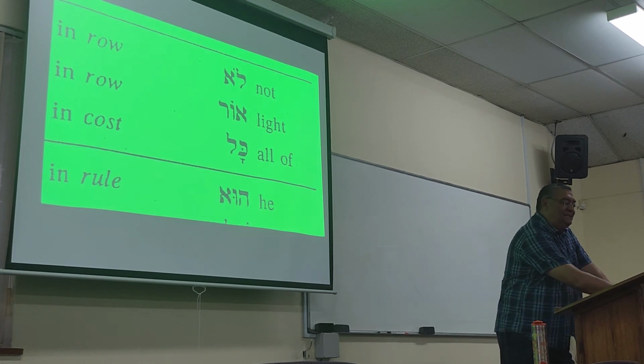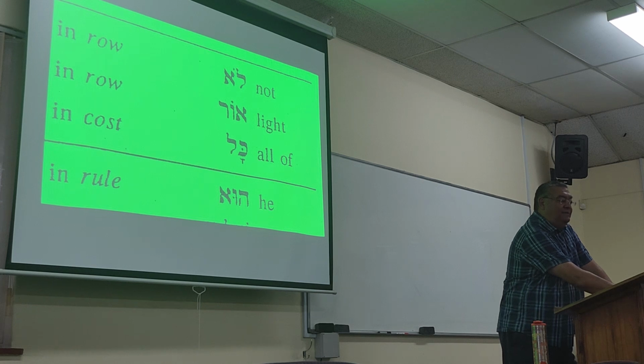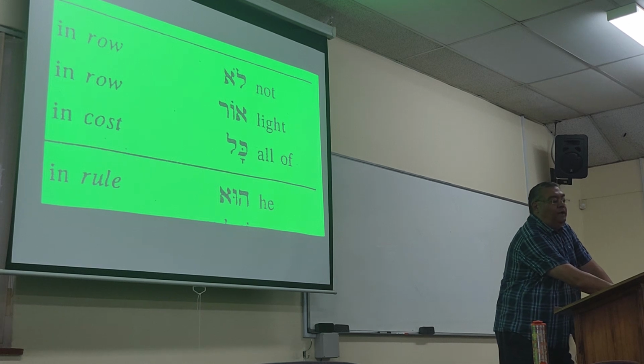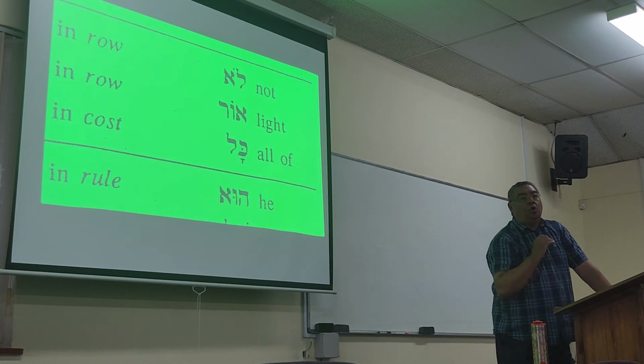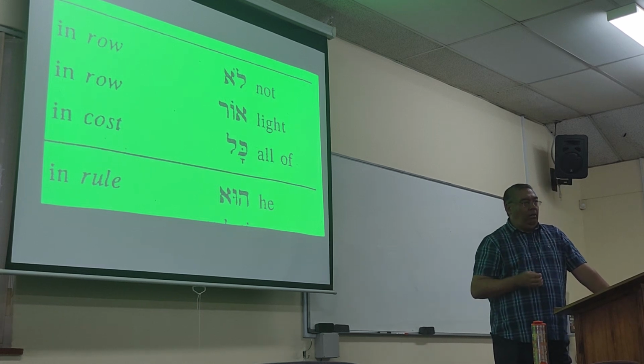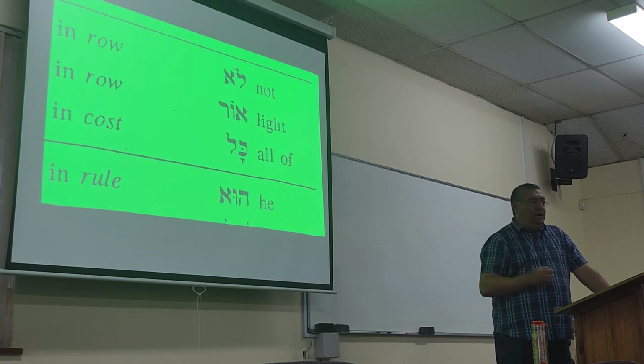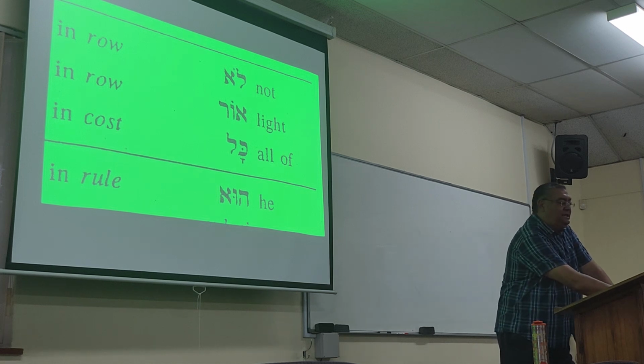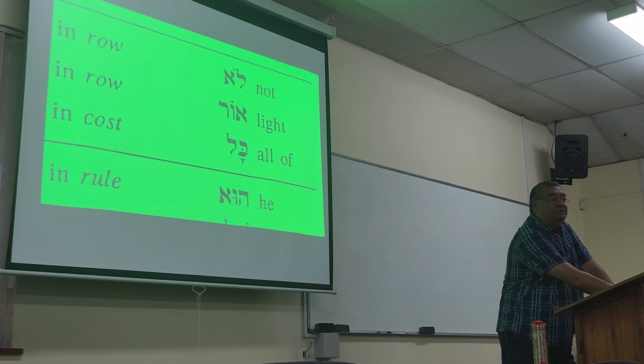Okay, so it's written exactly like a kametz, but in this particular case, it's a kametz chatuf. It's the Hebrew word that means all of, and this word is pronounced kol and not kal. Okay? So here, your kametz is an O sound, and so it's a kametz chatuf.